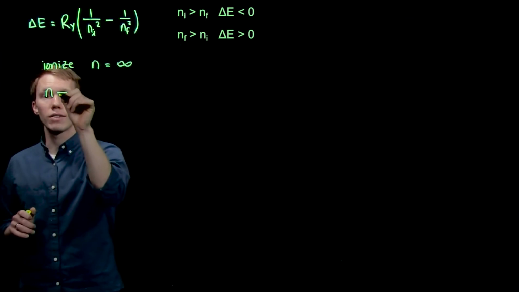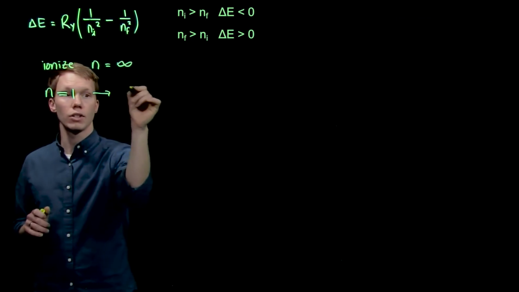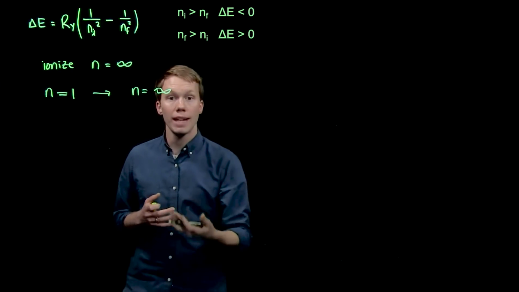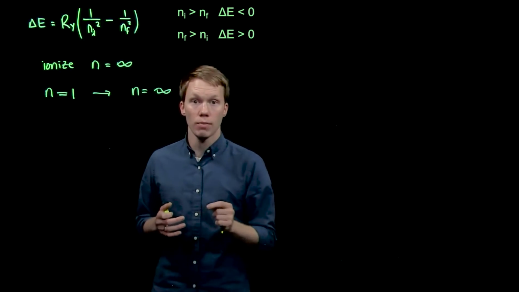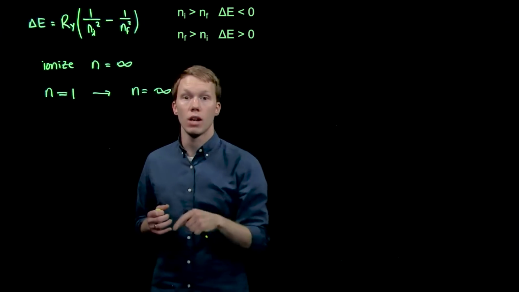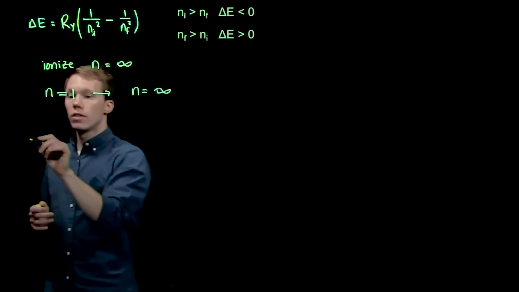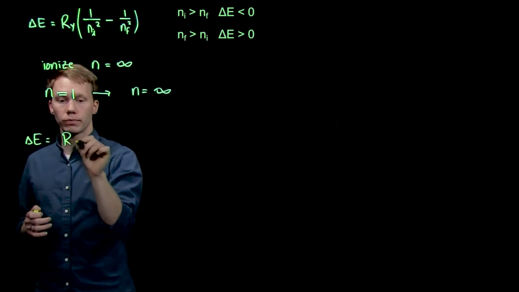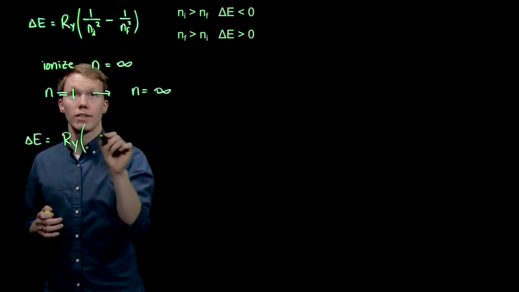So if we start in the ground state, n equals 1, and go to n equals infinity, how much energy do we have to put in? I know that it's going to be absorbed because nf is larger than ni, so delta E is going to be positive. So it won't take much calculating because the numbers are going to work out nicely for us.